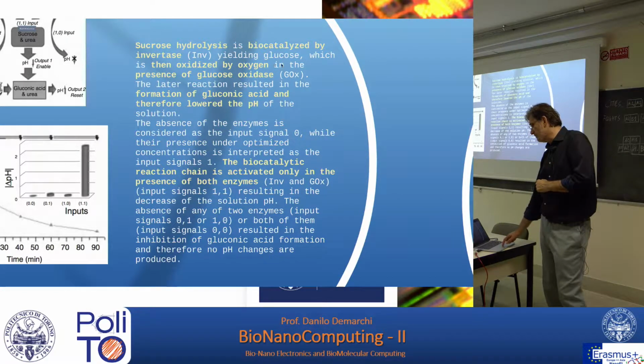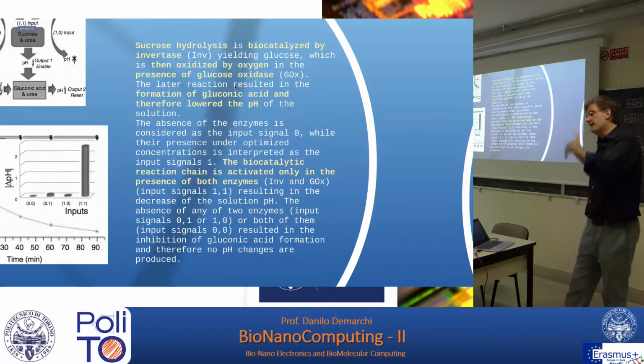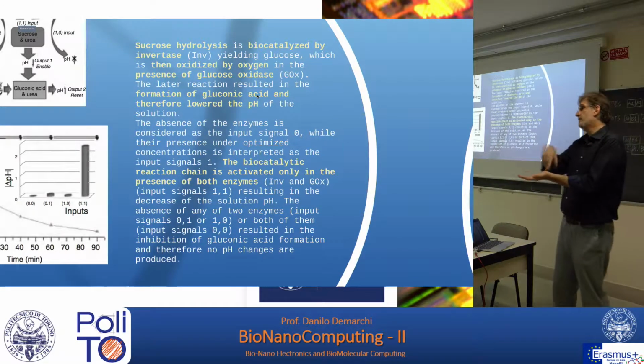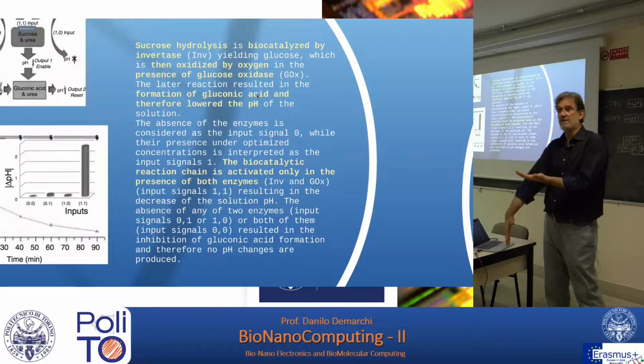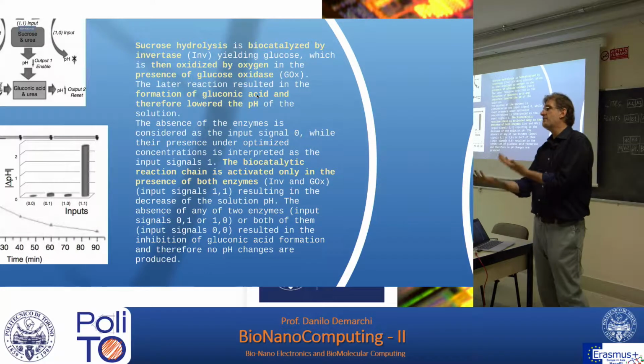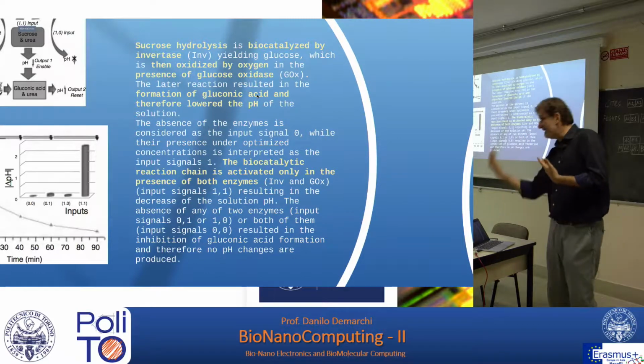Then I also have glucose that is oxidized by oxygen in the presence of glucose oxidase, another enzyme that is very famous and widely used. Because of this reaction, we will see it in a plot, I create gluconic acid. The gluconic acid, of course, is an acid, so it decreases the pH. So the change in pH tells me if the reaction happened and the AND gate was applied.